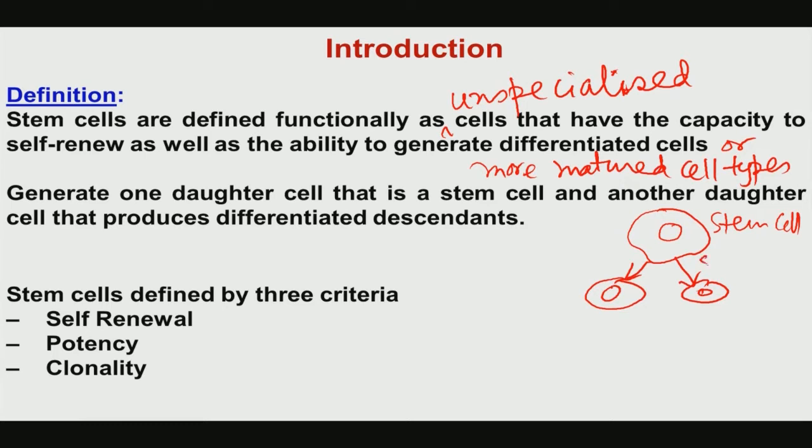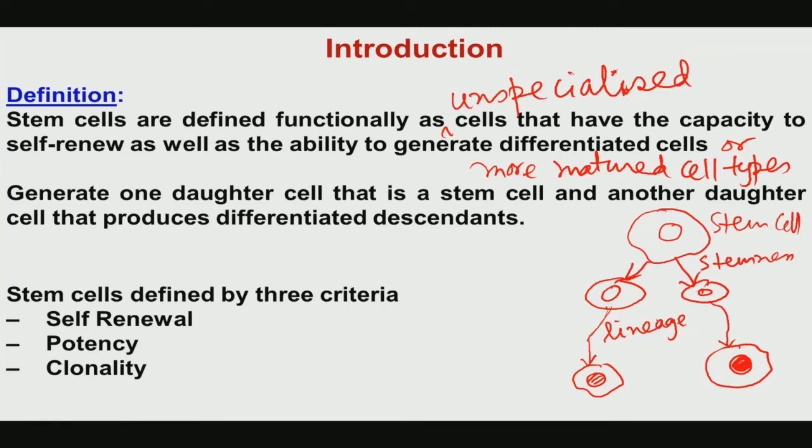So, it is simply the proliferation of stem cells without being differentiated, but then each of these daughter cells can undergo differentiation along certain lineages, and they can finally produce different cell types.